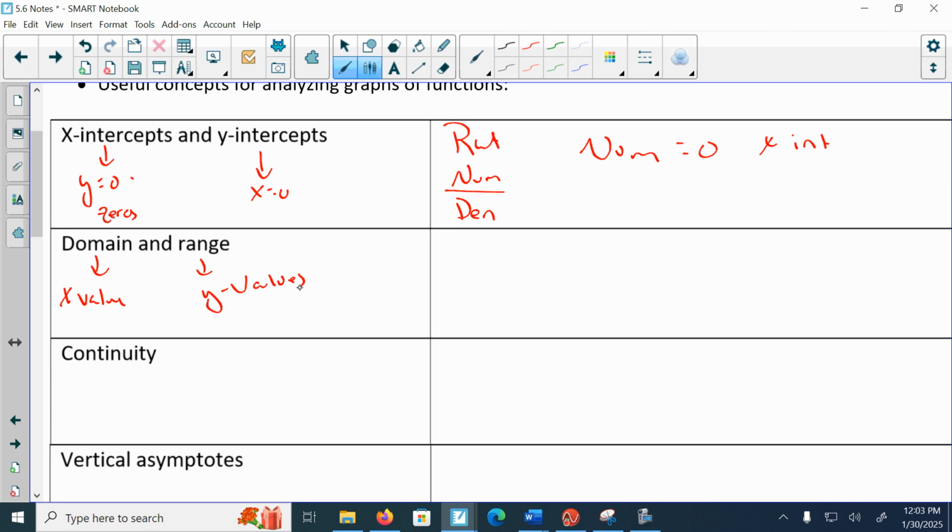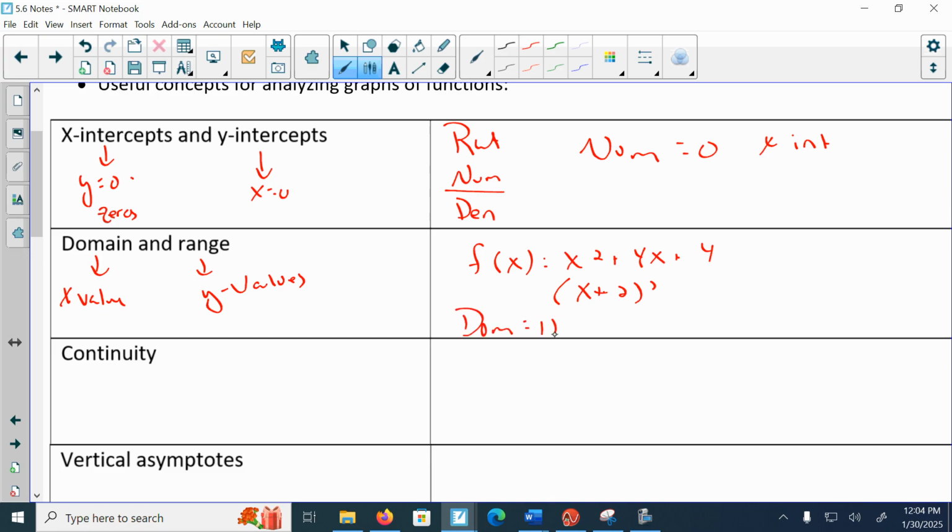So if I had f of x equal to x squared plus 4x plus 4, I know the factor is (x plus 2) squared. If I had something like that, my domain is going to be all real numbers.